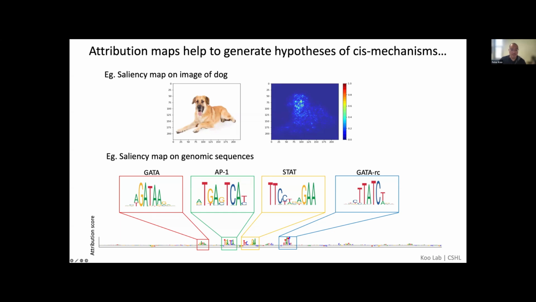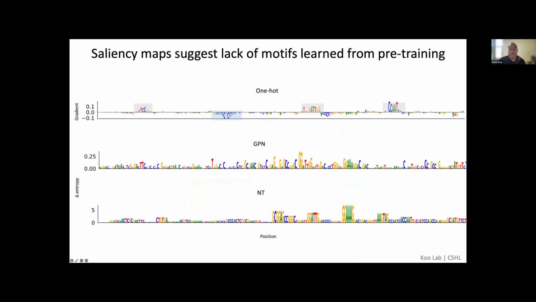And you can see that they have a striking resemblance to one another. Now, to investigate whether biological features like motifs were learned during the pre-training phase or by the downstream models, we employed saliency maps. For comparison, we use one-hot trained CNNs as a baseline, since their saliency maps reveal known motifs.